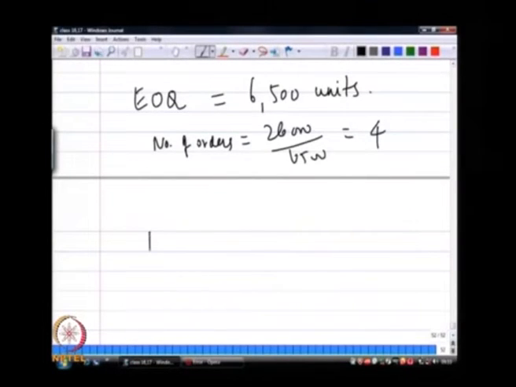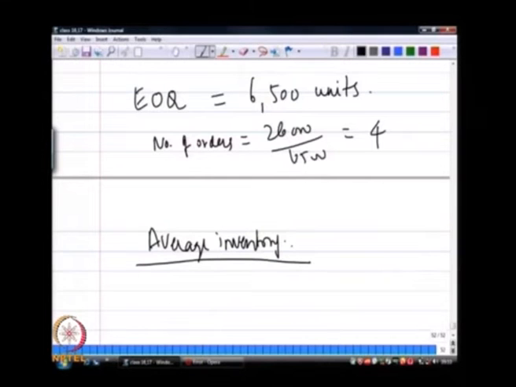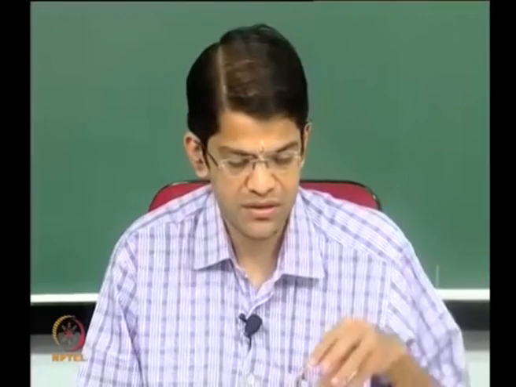Now, let us next go to average inventory. What is average inventory? We are assuming that the inventory consumption is uniform, which means the average inventory at any point of time between 2 successive order points is the opening inventory plus closing inventory divided by 2.